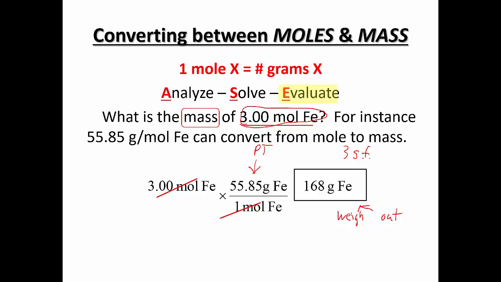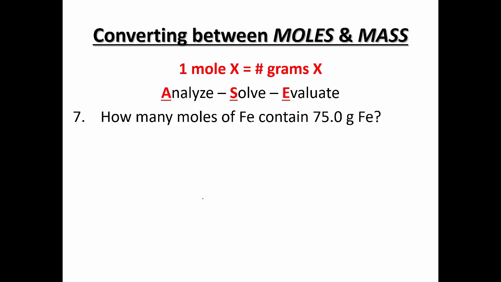Another problem we'd like to go over is just the inverse. How many moles of iron contains 75 grams of iron? So to analyze this problem, our first step, we know we have 75 grams of iron and want to get to moles. Our starting point, 75 grams, we want to go from grams to moles.